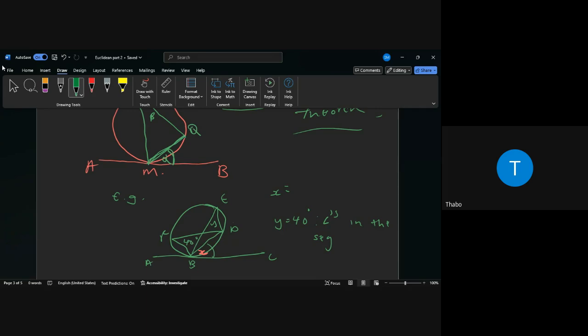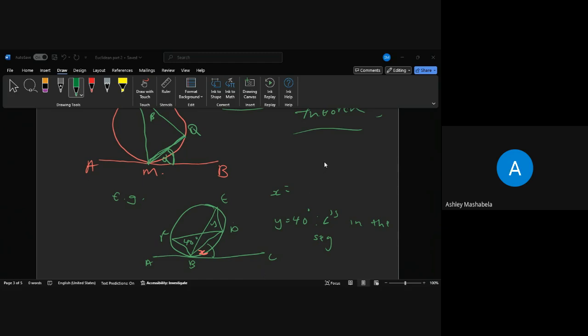I want you to tell me what angle X equals to. I can tell you something right now. You guys don't know why X is equal to 40.